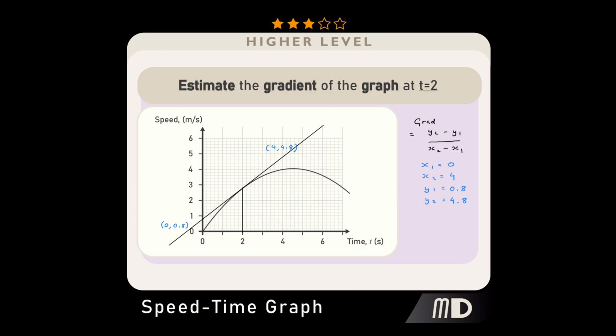Substituting these values into the rule gives us 4.8 minus 0.8 divided by 4 minus 0, which is equal to 4 divided by 4.